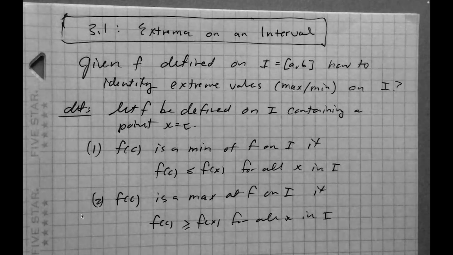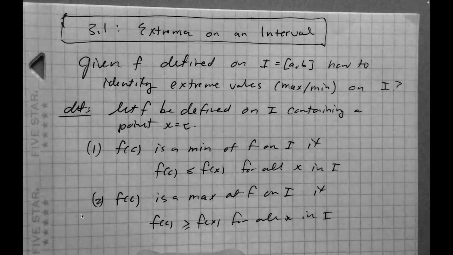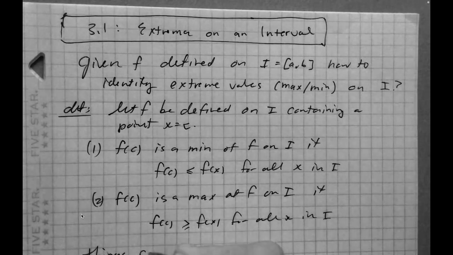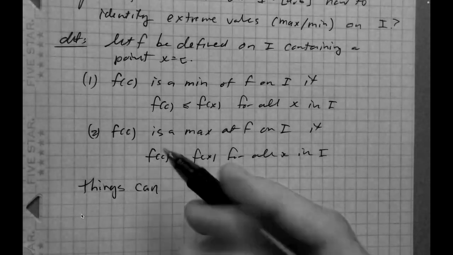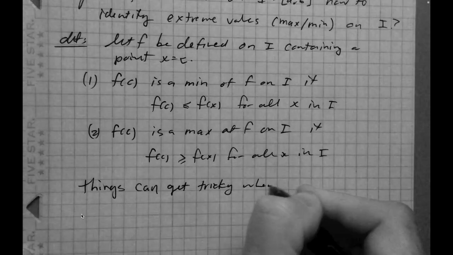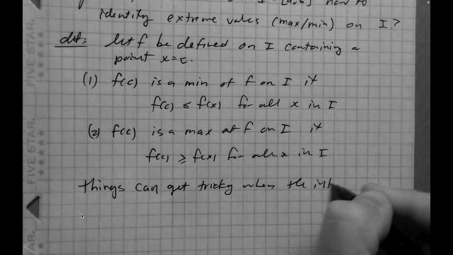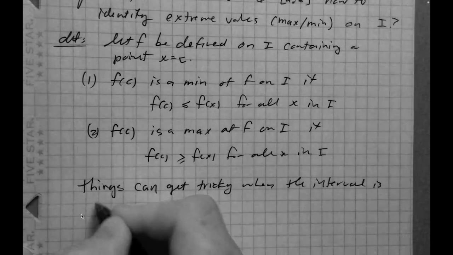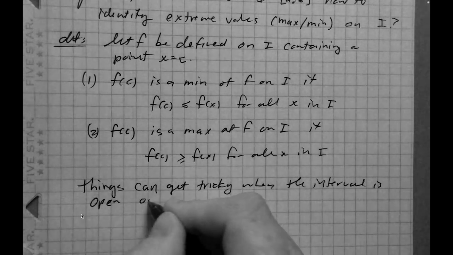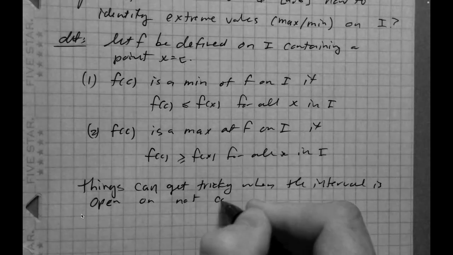Okay, so let's take an example here. Let me draw a picture. So let me just write that first. Things can get tricky when the interval is open or not continuous.